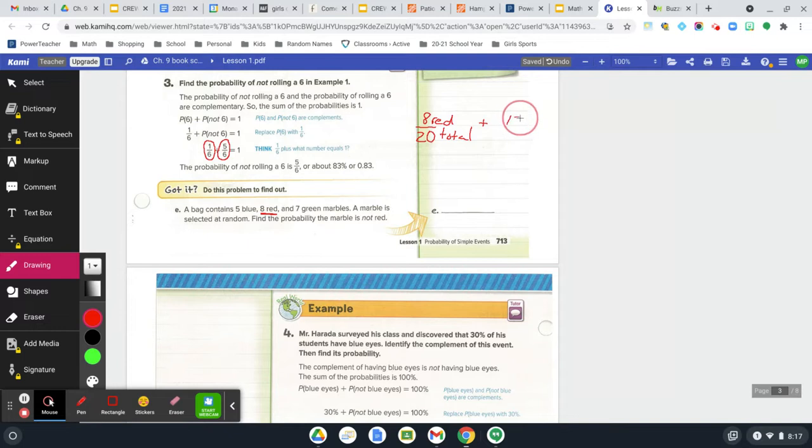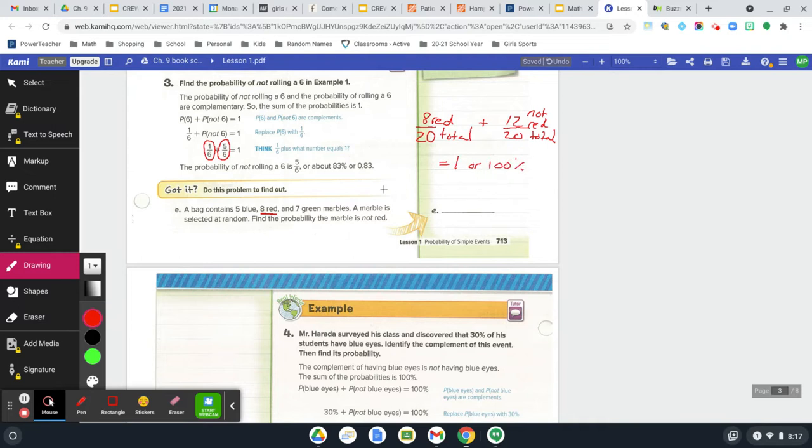Well, 12 are not red out of the 20 total. And so you have found its complement. 12 are not red out of the 20, but 8 are red out of the 20. And remember, these two here equal 1 or 100%.